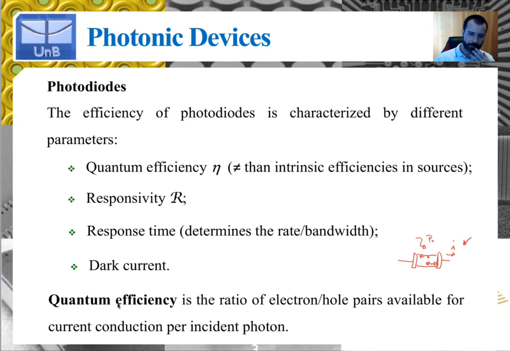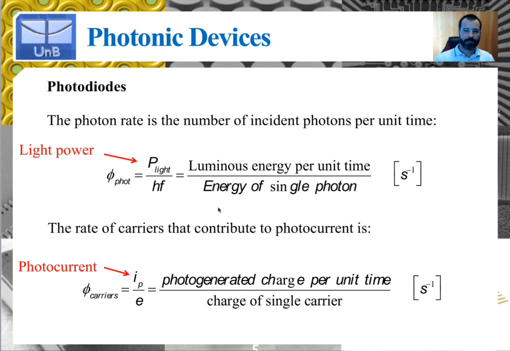So the quantum efficiency is the ratio of the amount of generated electron-hole pairs available for current conduction per incident photon of light. And in order to define the quantum efficiency, we need two parameters. The first one is the photon rate, which is just the number of photons incident on the device per unit time.